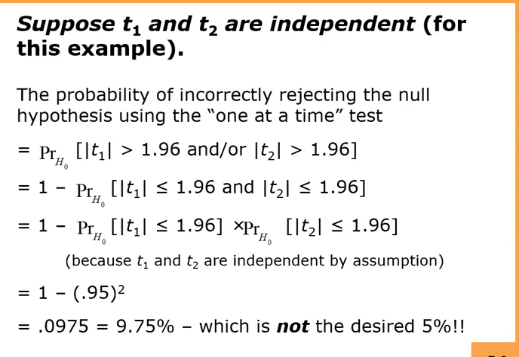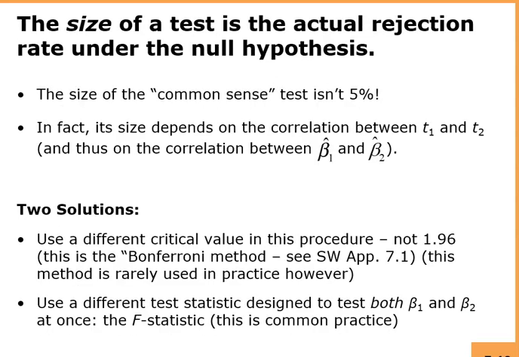But in this case, when we are doing these hypothesis tests one at a time, our probability of incorrectly rejecting the null comes out to be higher than 5%, comes out to be actually 9.75%, which means that there will be more chances of incorrectly rejecting the null hypothesis, meaning that we will be getting inaccurate results from the hypothesis testing.